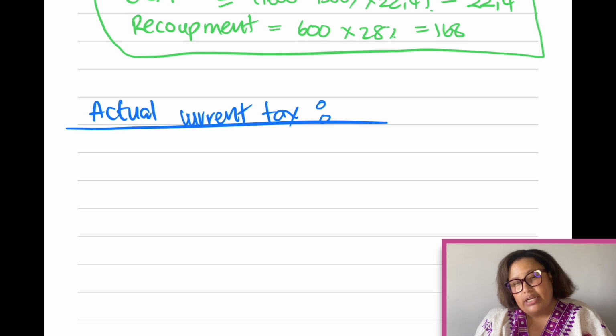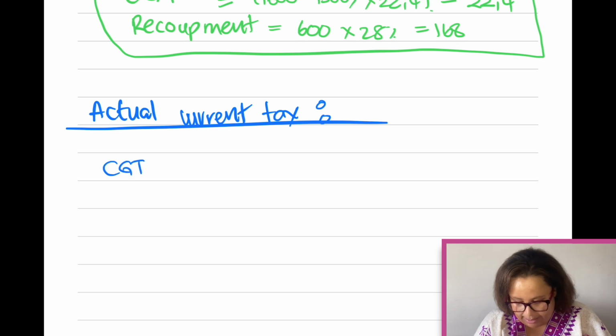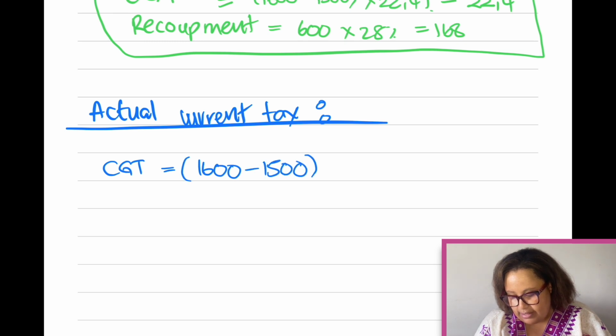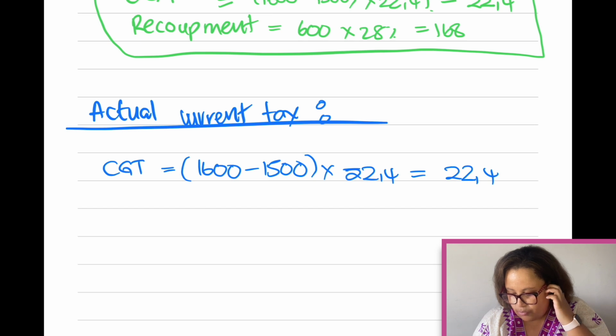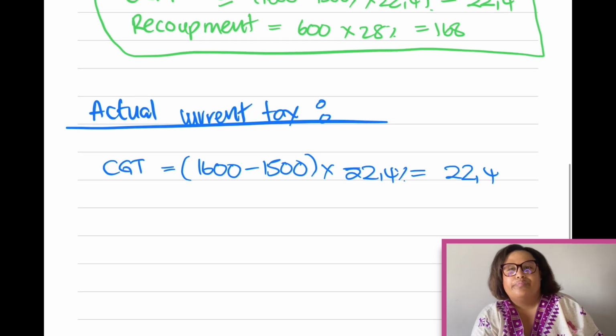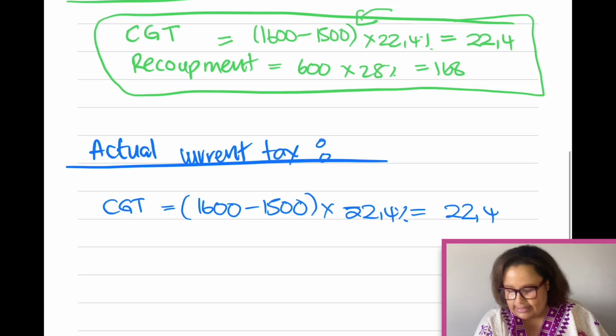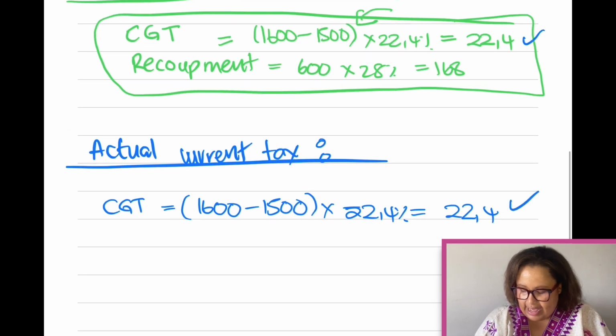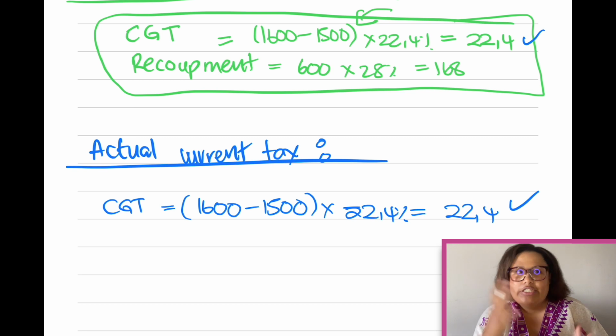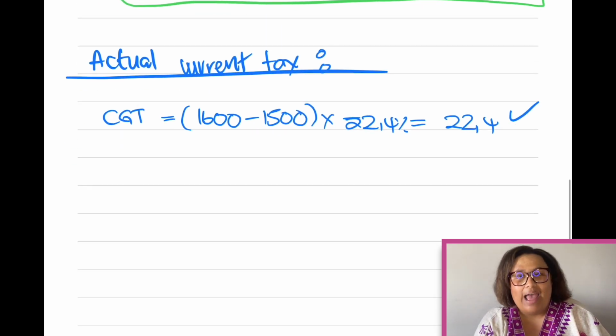So my actual current tax that I end up paying would be my capital gains tax. And the way I calculate it, it's the 1,600 minus the cost of 1,500. We multiply that by 22.4, and that gives us 22.4 as the current tax. And that is actually in line with what we expected. So there's nothing abnormal there.